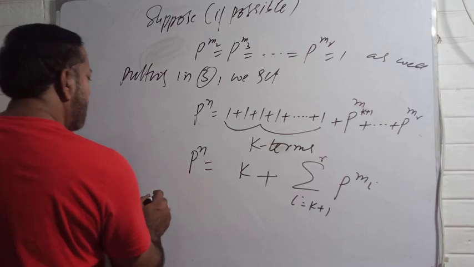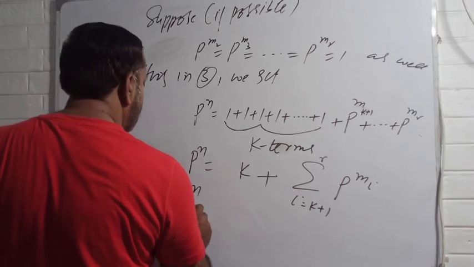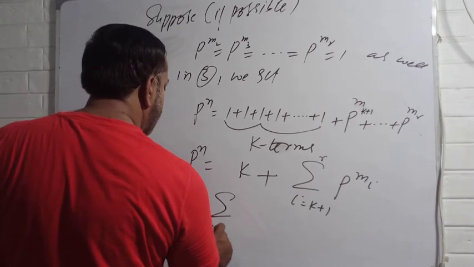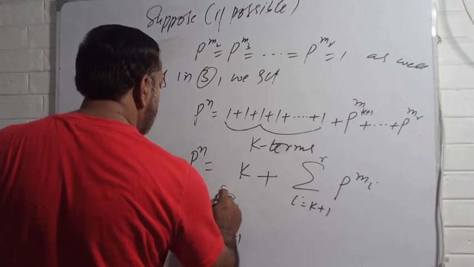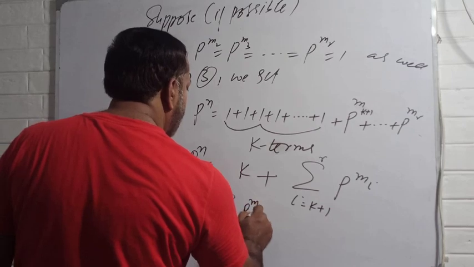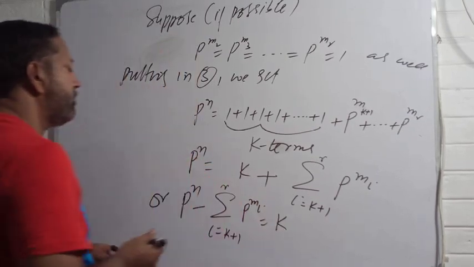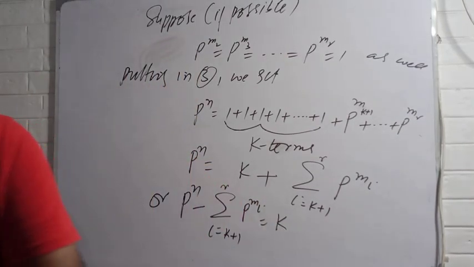So by the last equation, you can write P power n minus summation, i from k plus 1 to r, of P power mi is equal to k, right?